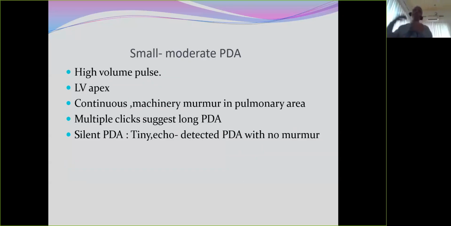The machinery murmur is when there are multiple clicks superimposed on the continuous murmur, and these multiple clicks are eddy sounds produced from a long tortuous PDA. In a silent PDA, it's a tiny one. It is detected on echo. There is no murmur.